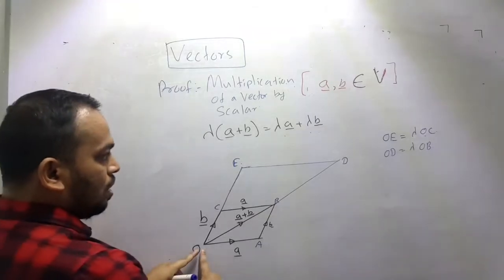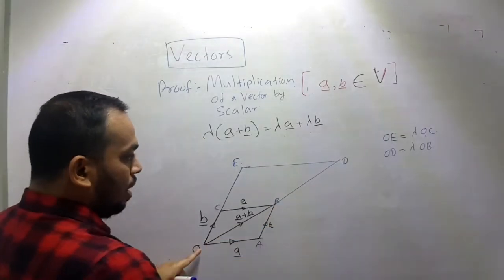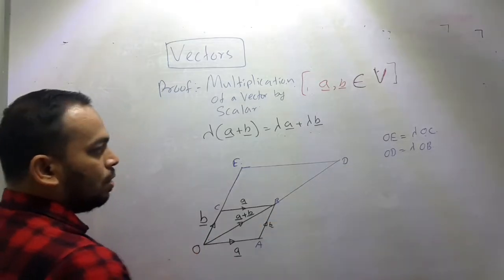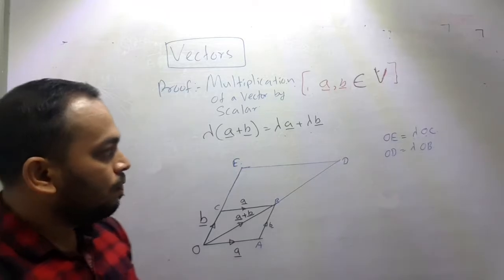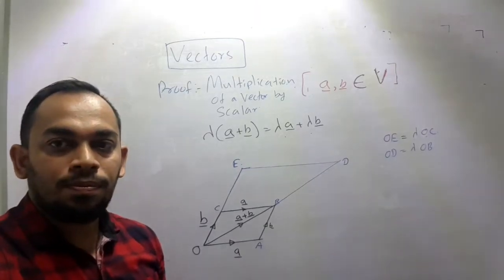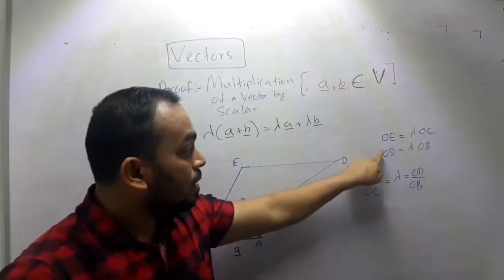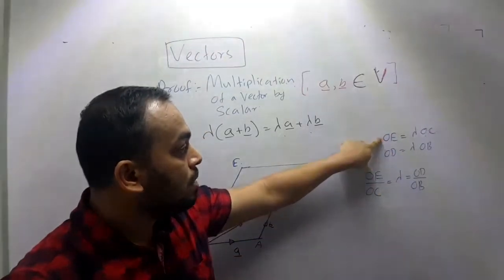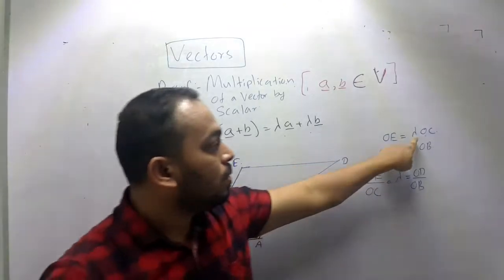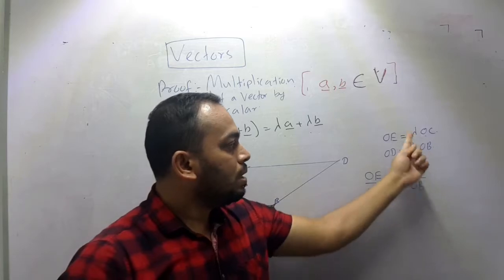Then I'm going to construct OD. I'm going to extend OB until D such that OD is equal to lambda times OB. So this is what I do first, right? Now if I make this construction, I can get a relationship from this. That means OE divided by OC is equal to lambda, right? Likewise OD divided by OB is equal to lambda.